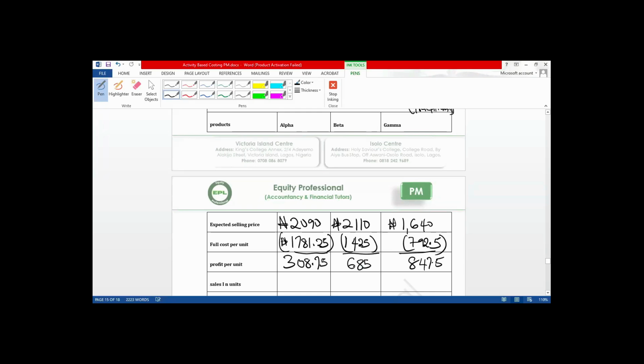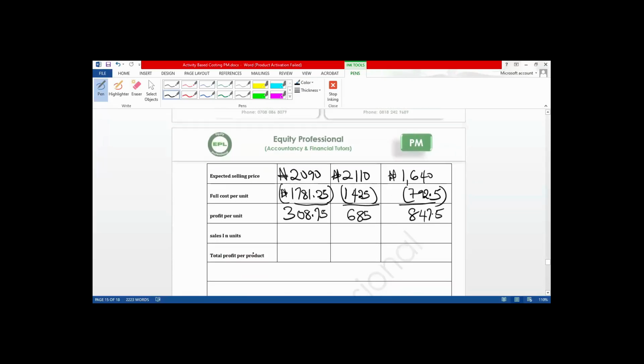You have gotten profit per unit for the products. Then you can get total profit. Here, volume of sales, sales in units: 20,000 units, 12,500 units, and 5,000 units.